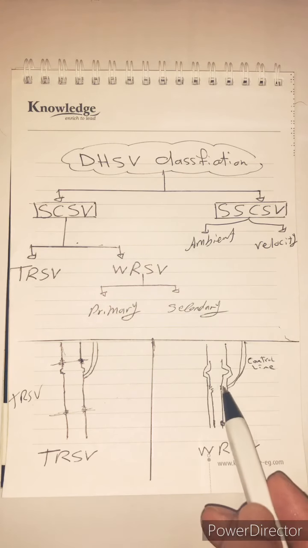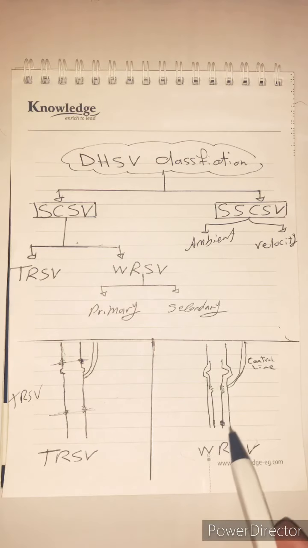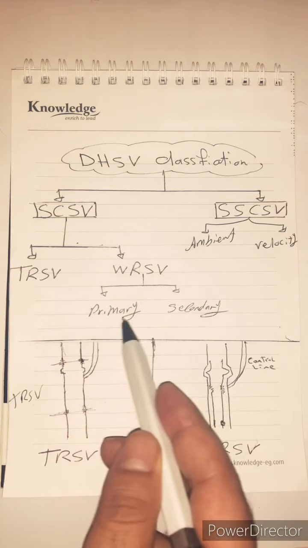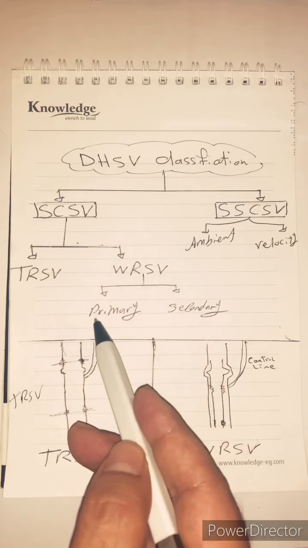This means there is a restriction in this type, a significant restriction in the flow path. That is the primary wireline retrievable safety valve type.